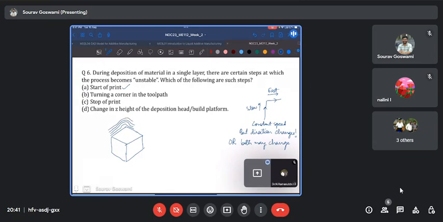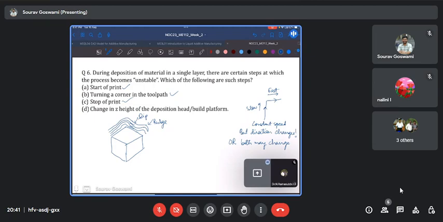And it might also look like in the center there is a dip. Thus, turning a corner in the toolpath may also be categorized as an unstable step. Similar to start of print, the stop of print also is governed by inertia and leads to less or more deposition than the programmed value.